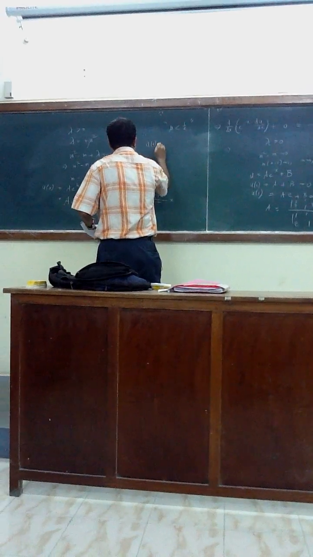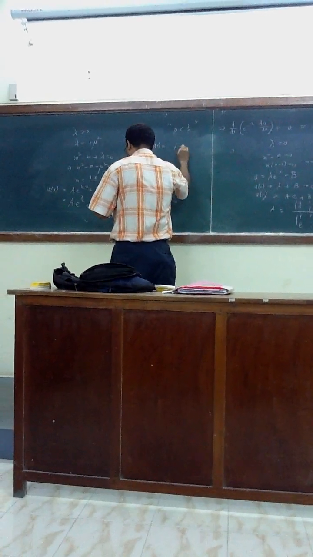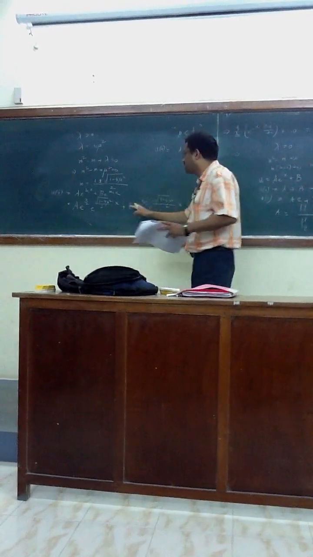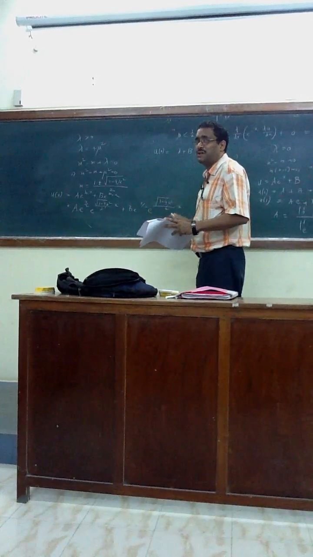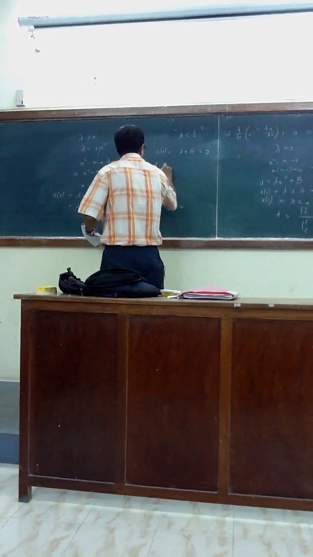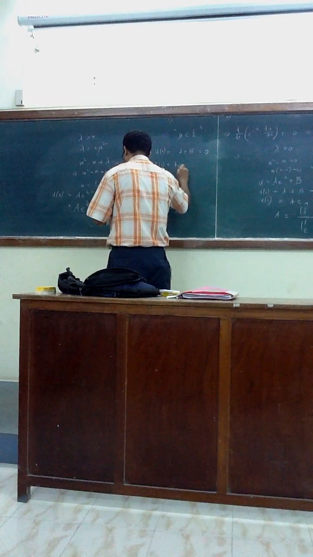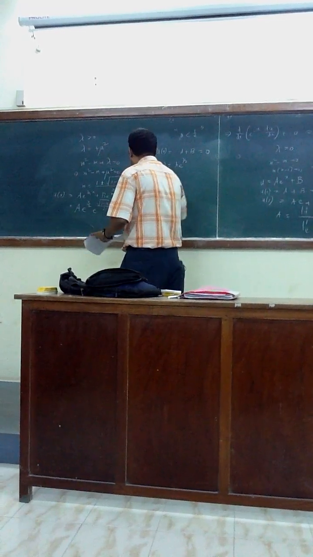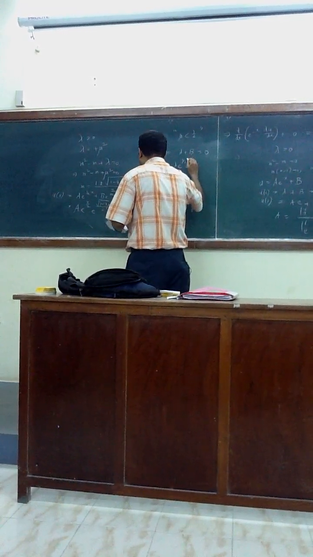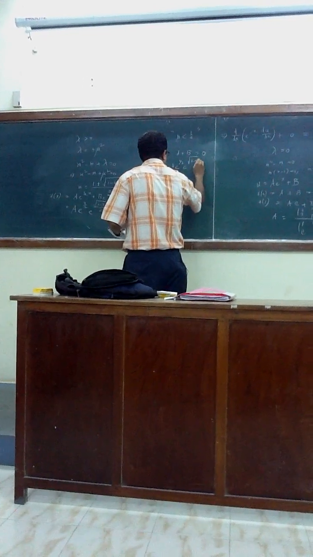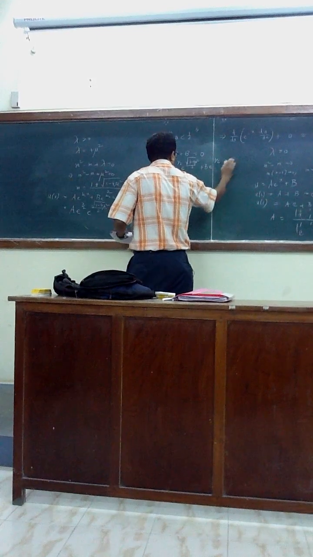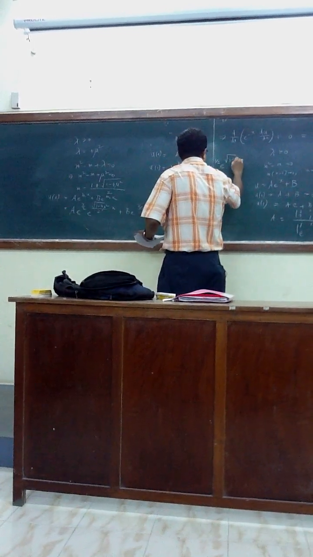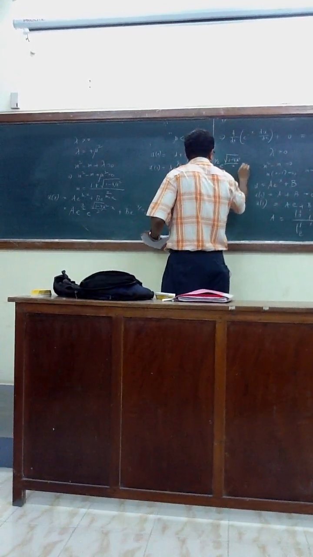u(0) equals a plus b equals 0. Remember that mu is less than half. That means these guys will always be positive. So u(1) will be a e to the power half e to the power root of 1 minus 4 mu square by 2, plus b e to the power half e to the power minus root of 1 minus 4 mu square by 2, equals 0.